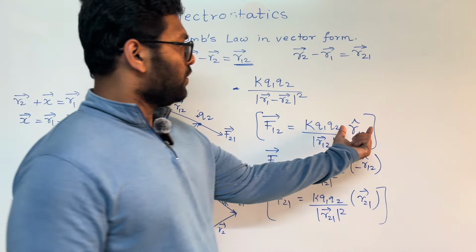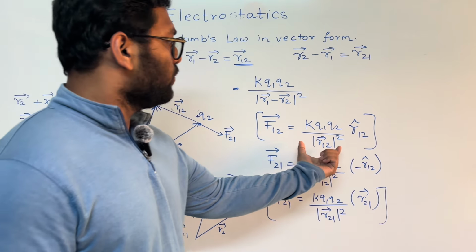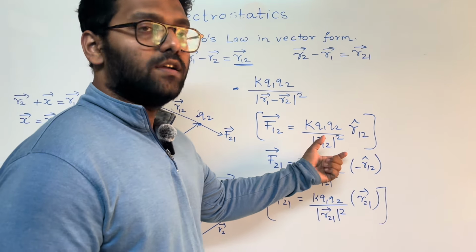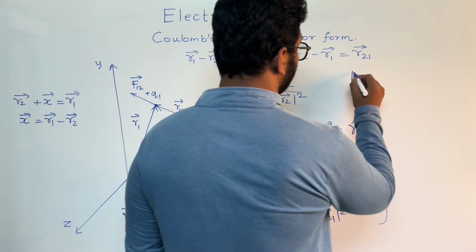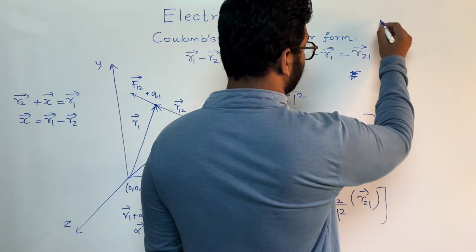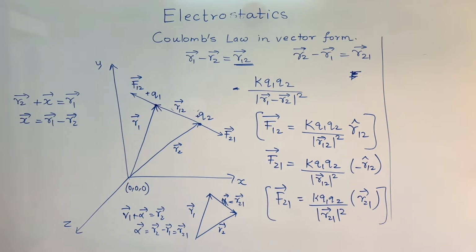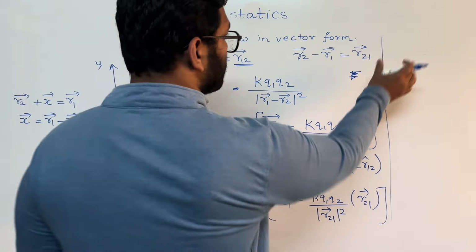Now if you do not want the unit vector over here, simply take a normal vector, but then this should be made cube, right? Let me try to squeeze it here.